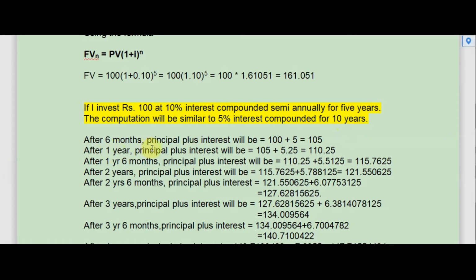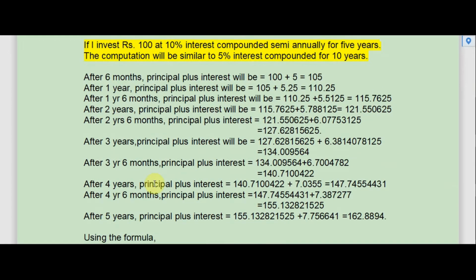So after 6 months, principal plus interest will be 100 plus 5 equals 105. After 1 year, 105 plus 5.25 equals 110.25. After 1 year 6 months, 110.25 plus 5.5125 equals 115.7625.